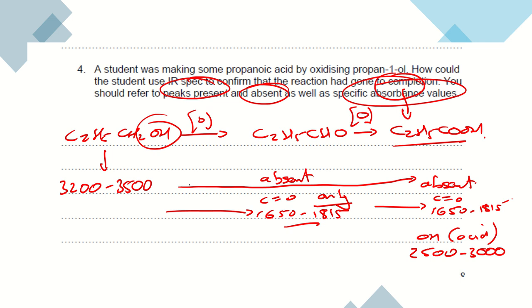You talk about the original OH from an alcohol, but the fact that it has disappeared no matter what type of oxidation has gone on. If it's completely oxidized and there's none of that alcohol left whatsoever, that peak has disappeared, which would indicate complete oxidation. You will find the C=O peak at 1650 to 1815, and you will also have an OH peak now at 2500 to about 3000.